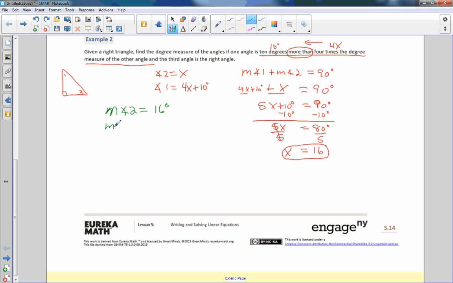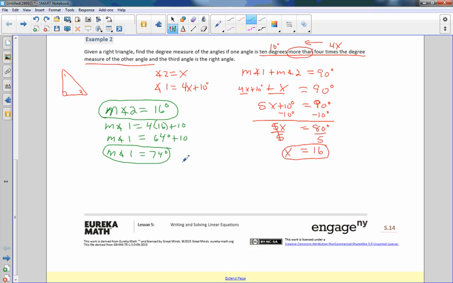The measure of angle 1 equals 4 times 16 plus 10, which equals 64 degrees plus 10, and so therefore the measure of angle 1 equals 74 degrees. So the measure of angle 1 is 74, the measure of angle 2 is 16. Now always check, is 74 plus 16 90? And the answer is yes.